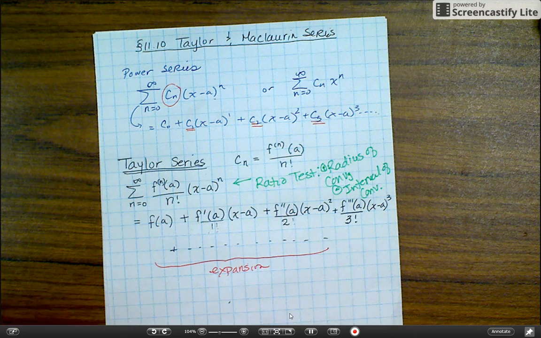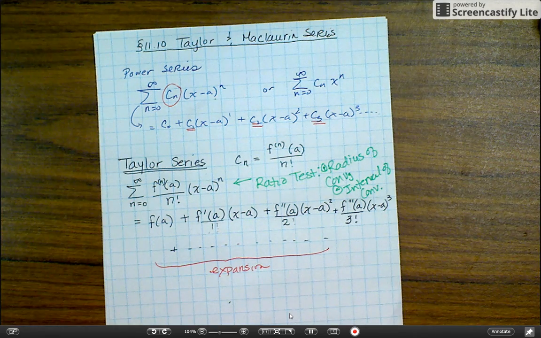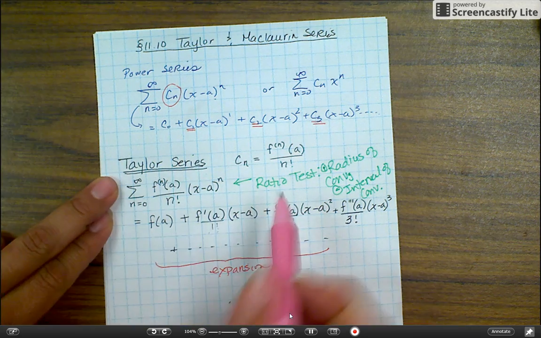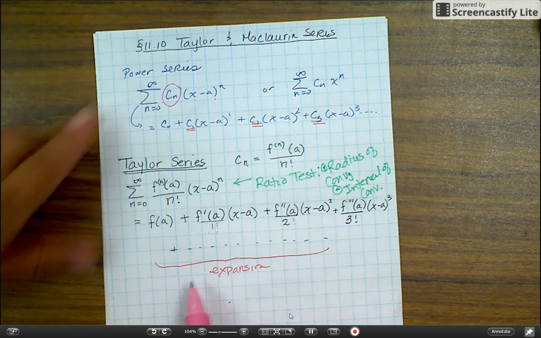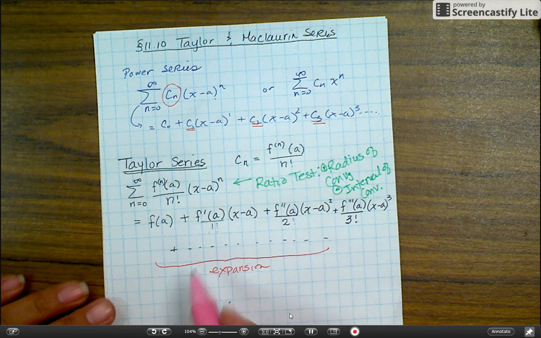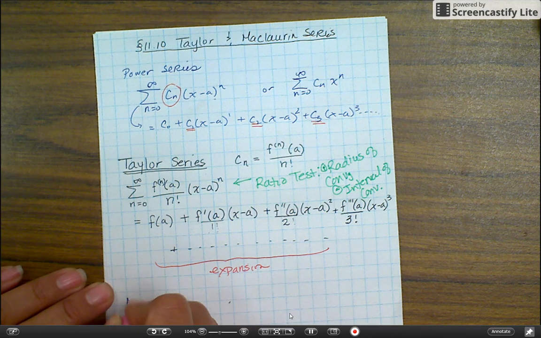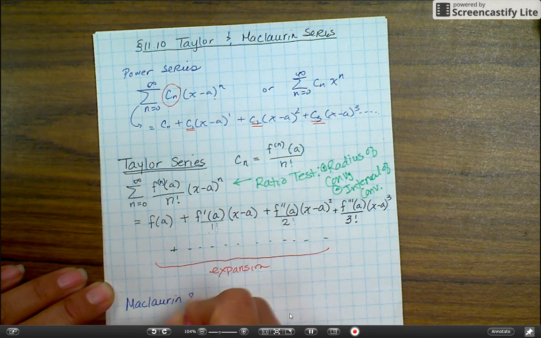Okay, so there is the Taylor series, and then there is also the Maclaurin series, which I think of as like the baby version of the Taylor series. The Maclaurin series is an offshoot of the Taylor series. This is the Maclaurin series. It's a lot prettier.